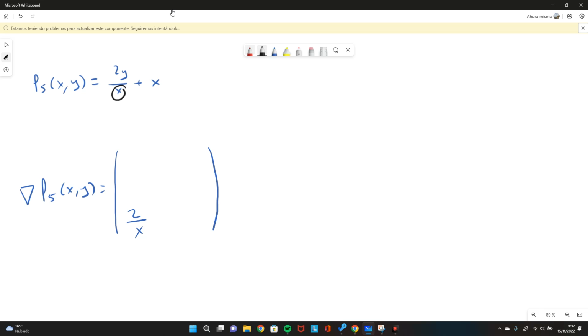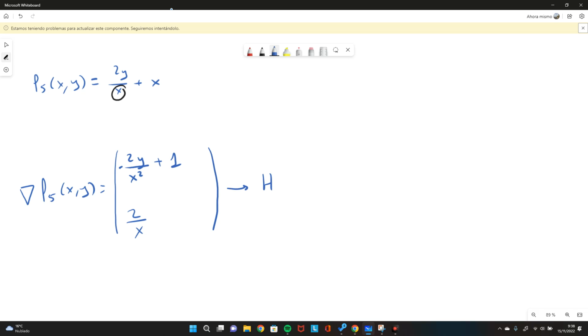In this case, it's going to be minus 2y divided by x to the power of 2, plus 1. That is our gradient vector now.